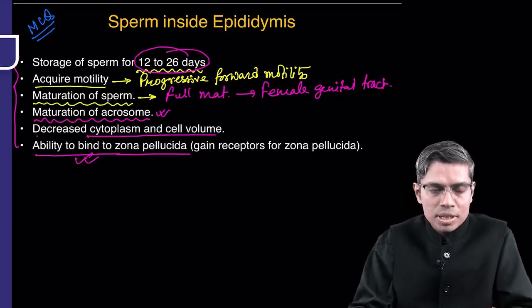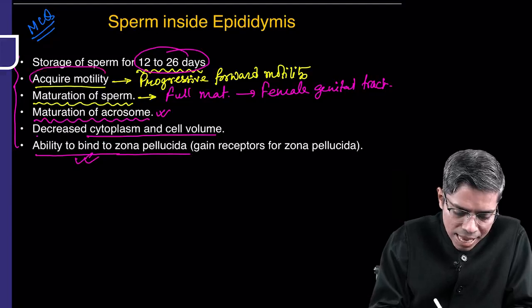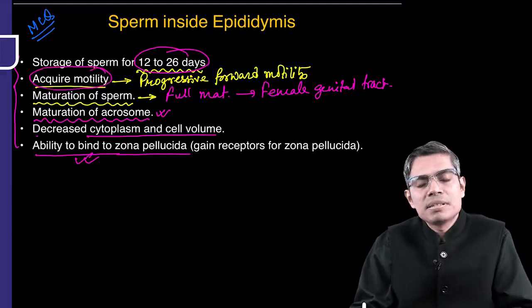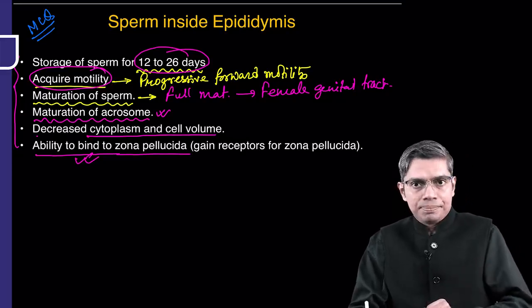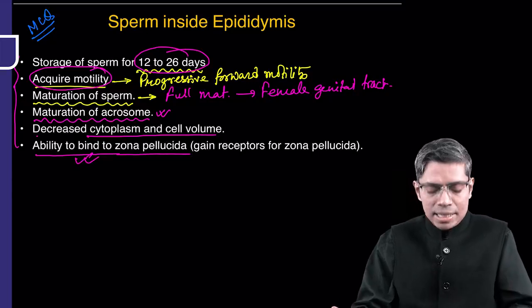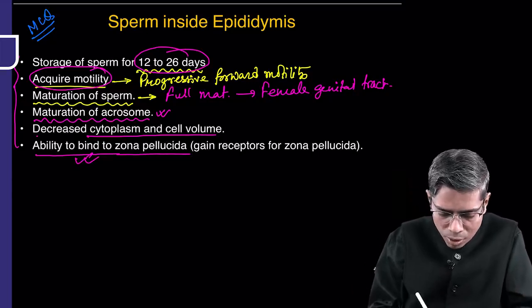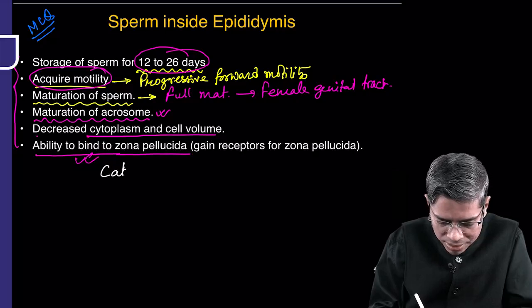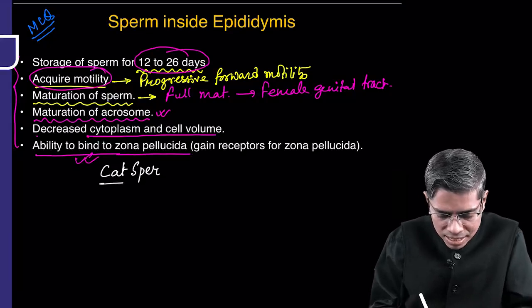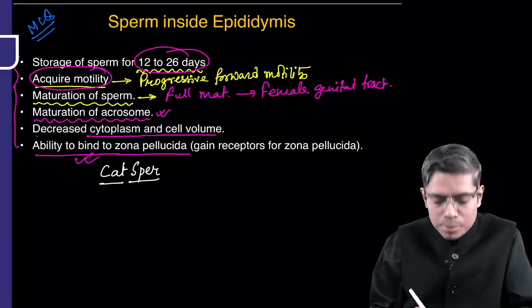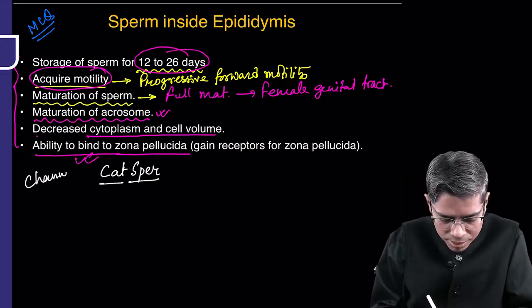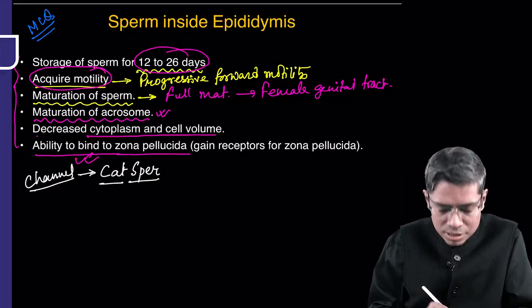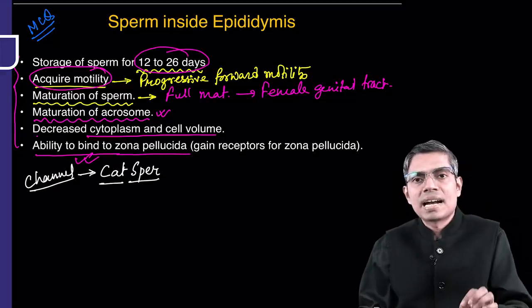Now the most important thing that is happening here is acquisition of progressive forward motility. How does the sperm become motile? You have to remember the name of one channel, which is known as CatSper. CatSper stands for calcium channel of sperm. That's why the channel responsible for giving motility to the sperm is known as the CatSper channel.